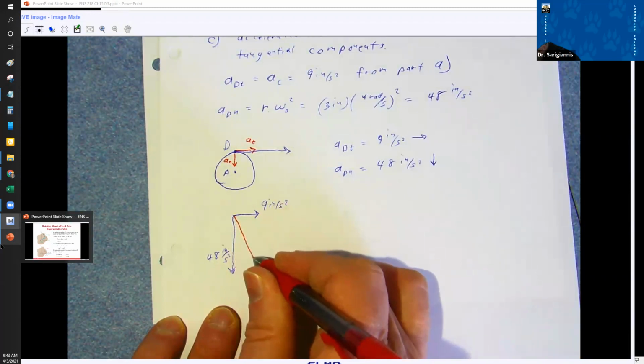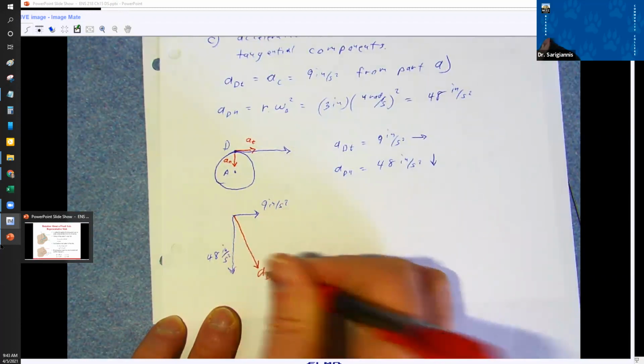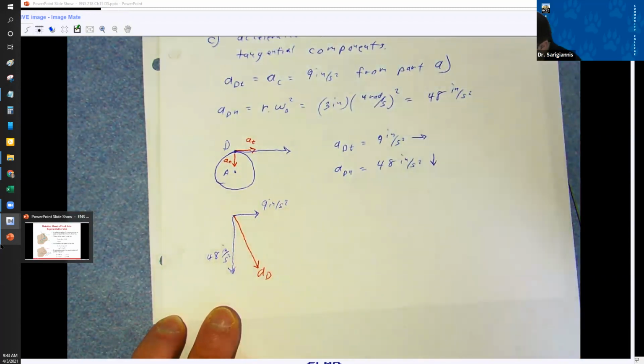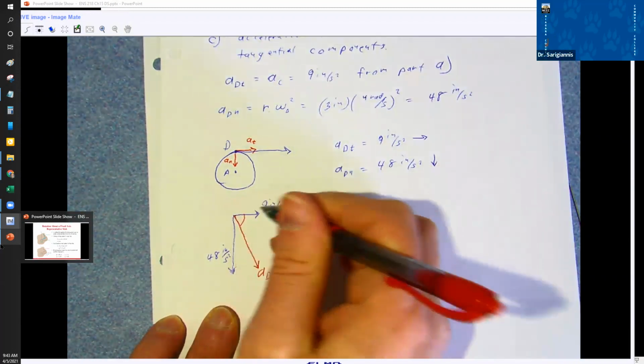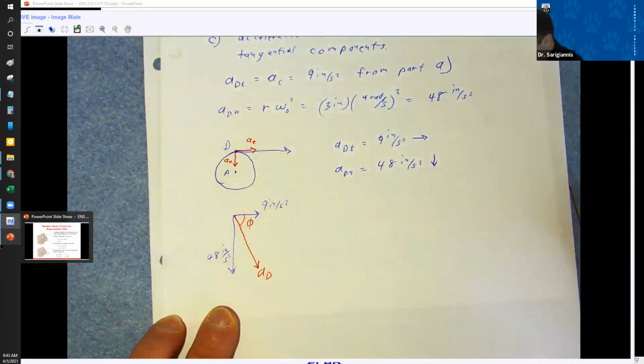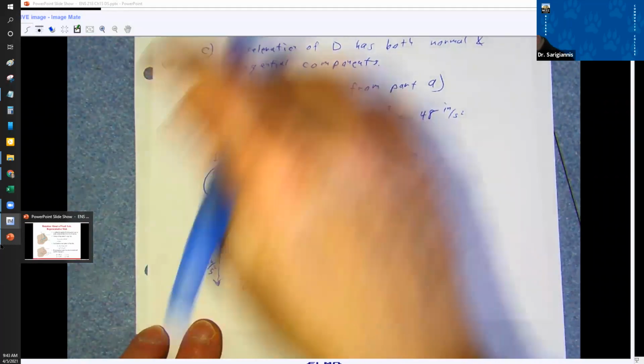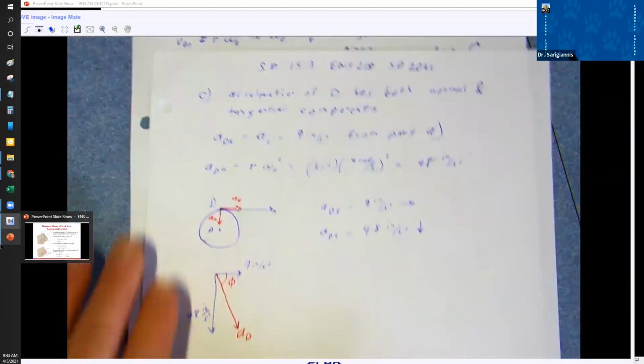Oh, I need an angle. Let's call this angle, I don't know, phi, just to differentiate it from theta, which is around in this direction here.